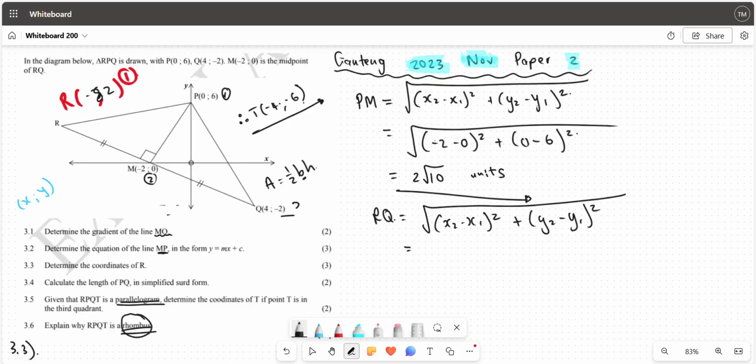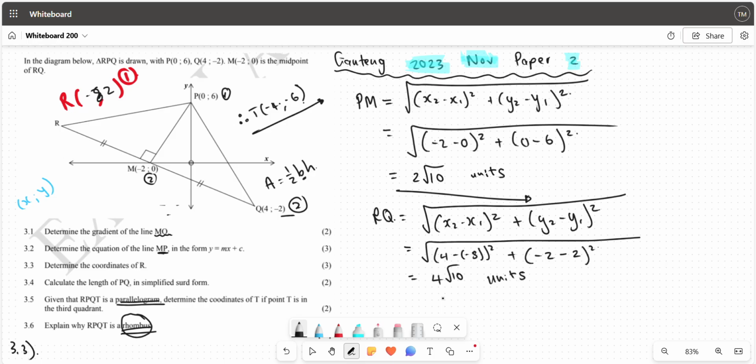I'm going to call the Q 2. So it's a 4 that is subtracting a minus 8 squared. And it's going to be a minus 2 that is subtracting. I think that was a positive 2, no? Yeah, it was a positive 2 that is subtracting a 2. And let's plug that in and let's see what we get. We get 4 root 10 units.